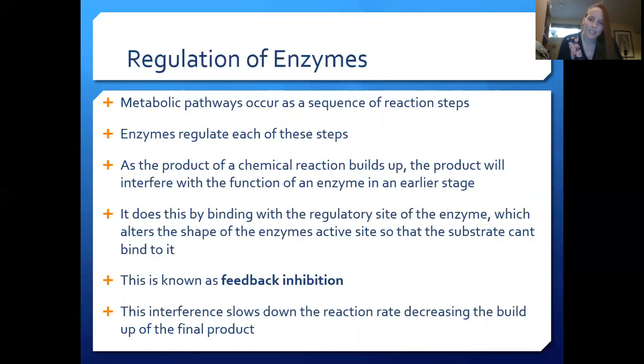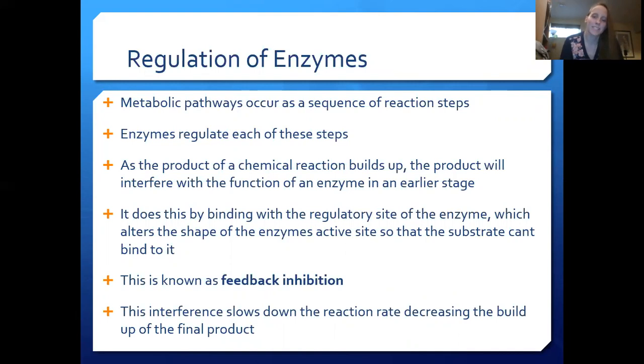As a product of the chemical reaction builds up, that product can actually go back and interfere with the function of an enzyme from one of the earlier stages. So this would be like, for example, if the buildup of ATP shut off the function of coenzyme A in pyruvate oxidation.